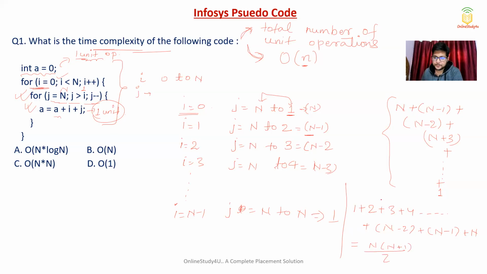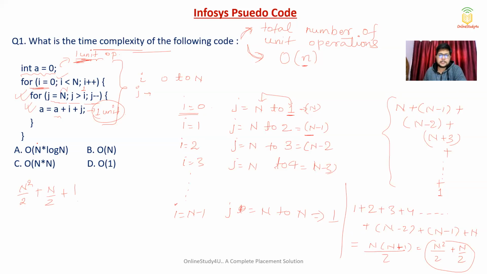So this is equal to n square by 2 plus n by 2. These are the total unit operations, and adding the 1 here also, the total number of unit operations is n square by 2 plus n by 2 plus 1.